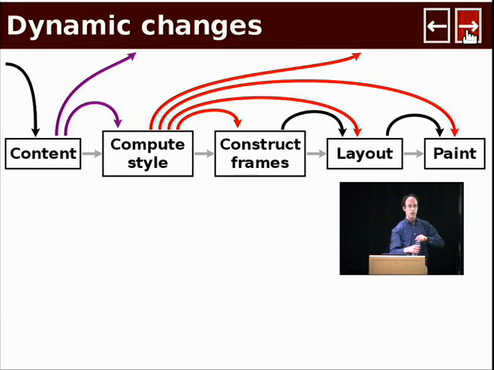One of the simplest is adding and removing elements from the DOM, which is something you can do with DOM APIs. It's pretty common. Basically, in that case, you run through the same static pattern on the elements you added in a pretty straightforward way. So it's not all that interesting in terms of unusual performance characteristics.